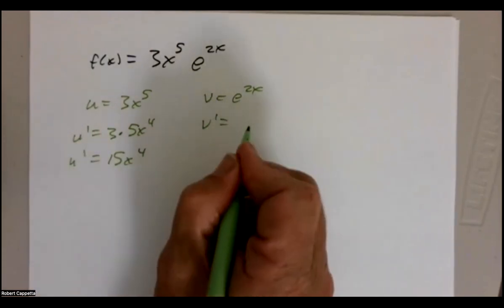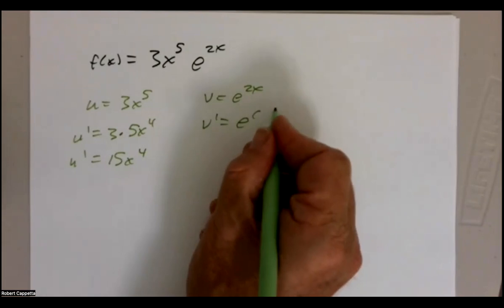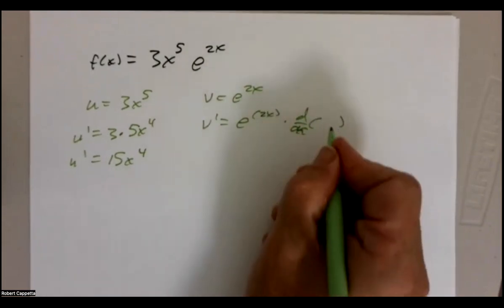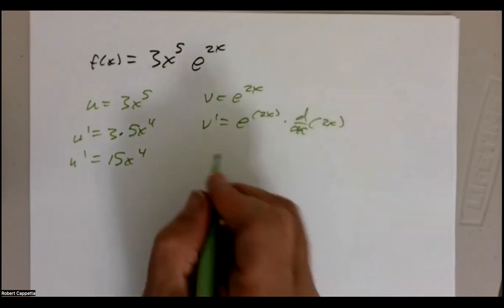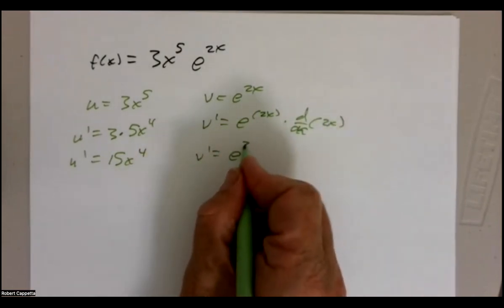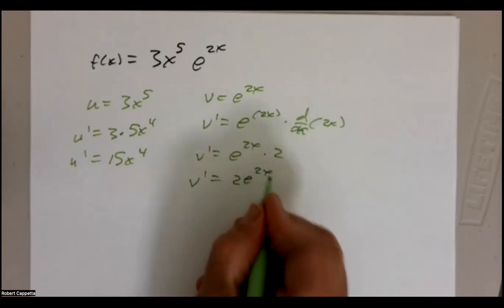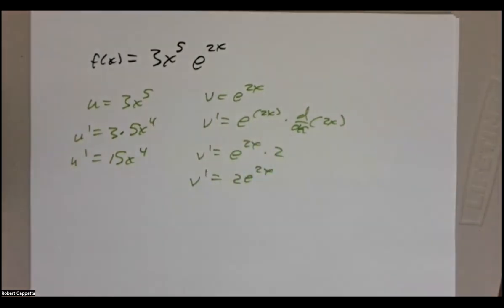V prime, the derivative of e to the something is e to the something times the derivative of the something. So it's e to the 2x times the derivative of 2x. V prime is e to the 2x times 2. V prime is 2e to the 2x. So we've done the product rule hopefully successfully.